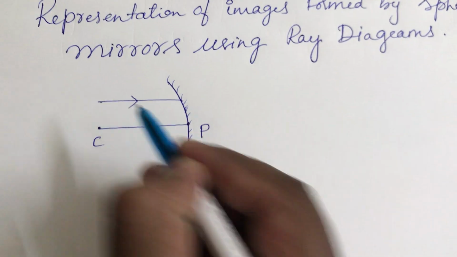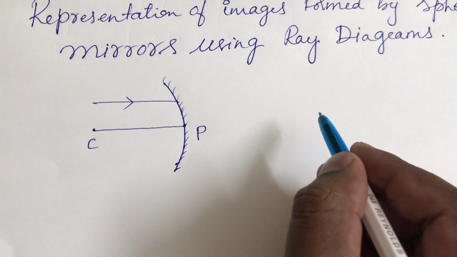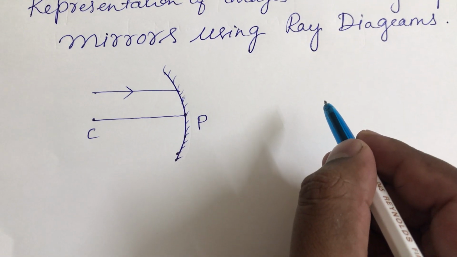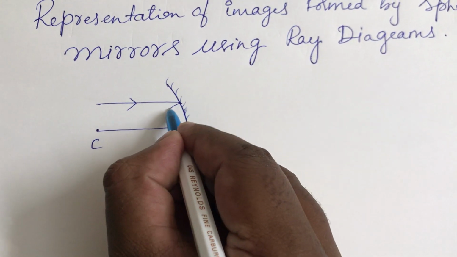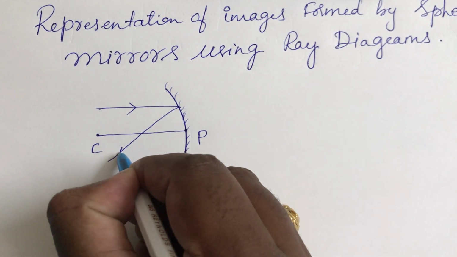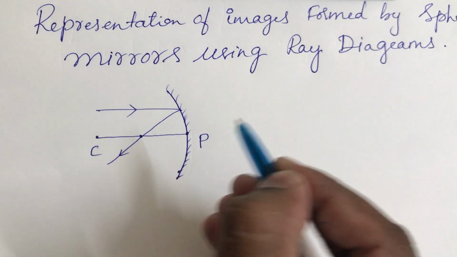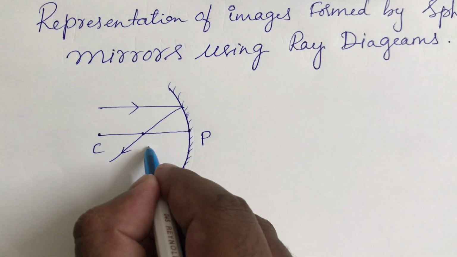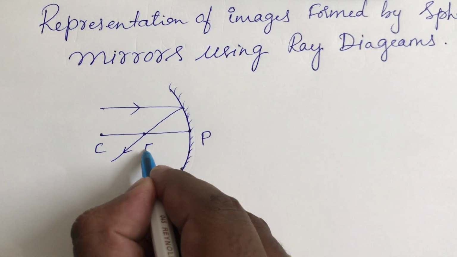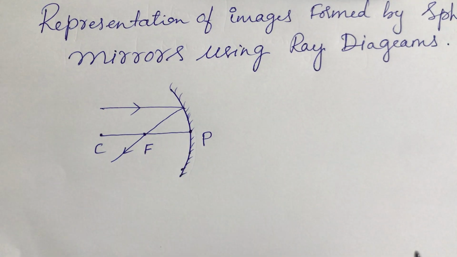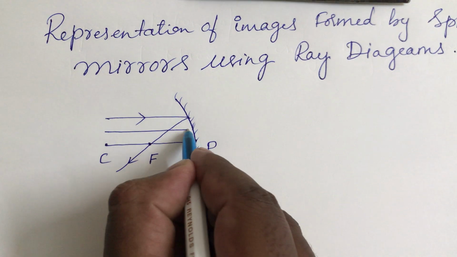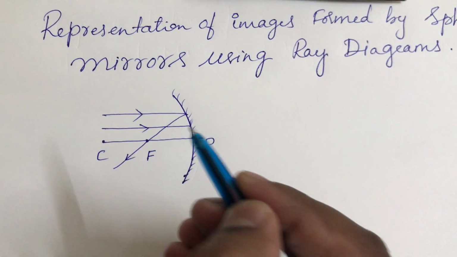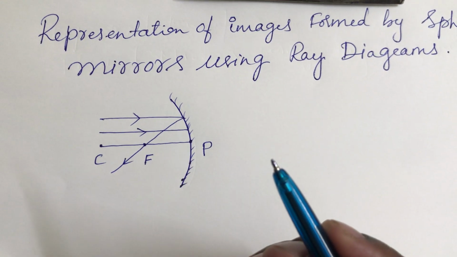This is the incident light ray which is coming parallel to the principal axis. After hitting the mirror, it will pass through the focus. This is the point we will consider as the focus F. Let me try one more light ray. This is another incident light ray coming parallel to the principal axis.